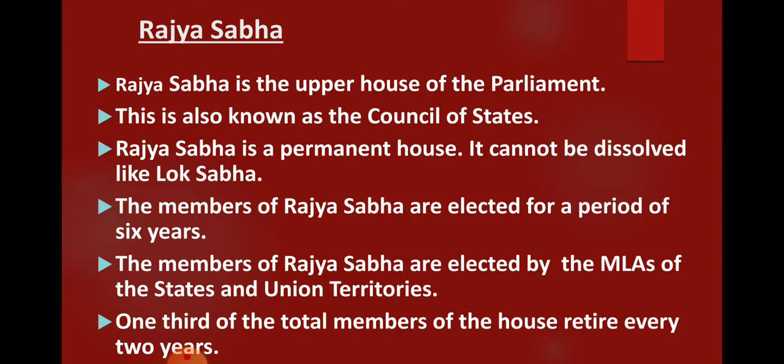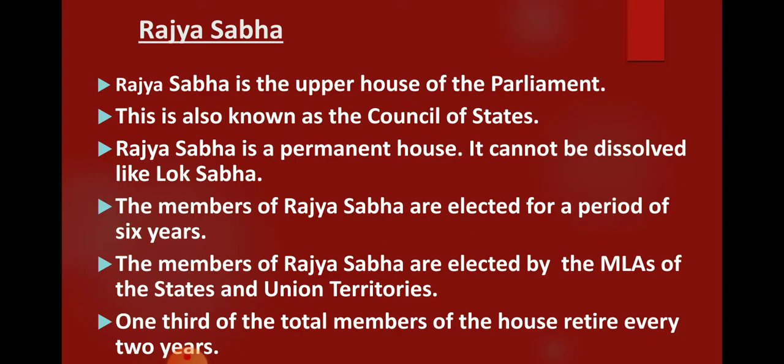Lok Sabha can be dissolved after completing its normal term of 5 years, or if a no confidence motion is passed against the Council of Ministers. But Rajya Sabha is a permanent house.